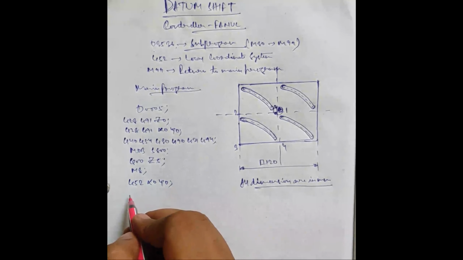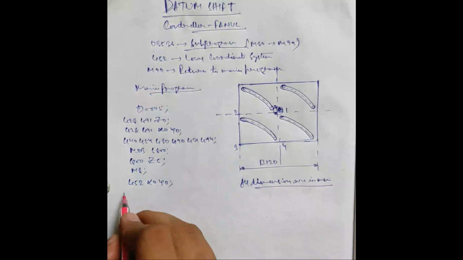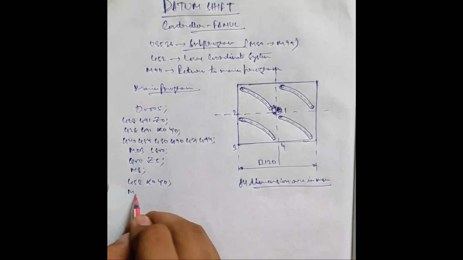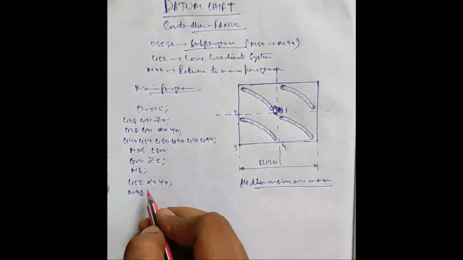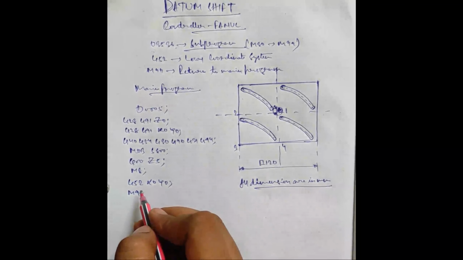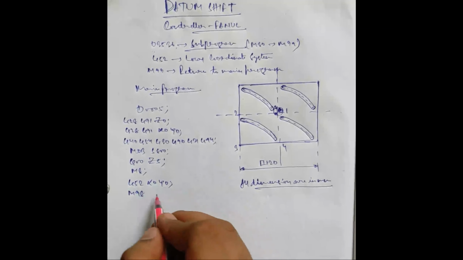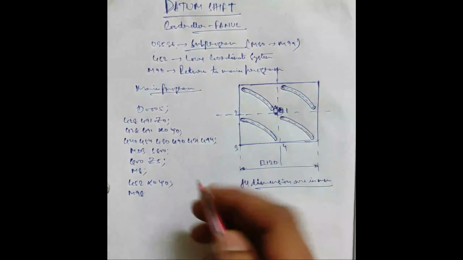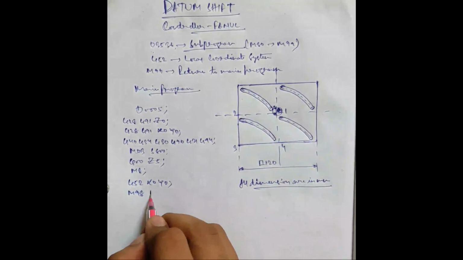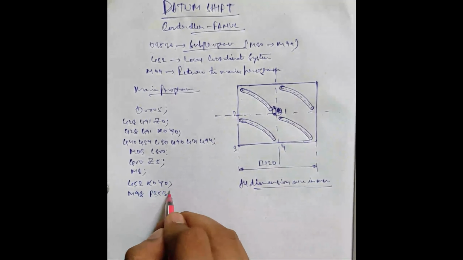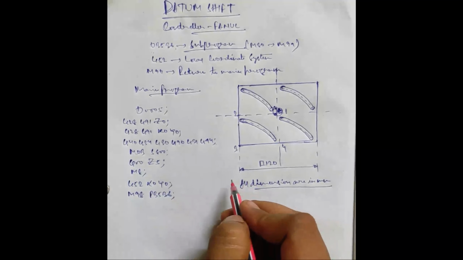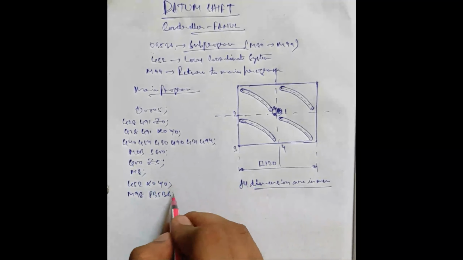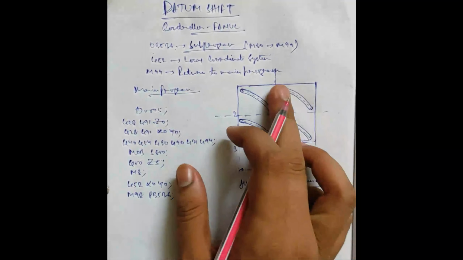Then you call that subprogram by writing M98, which is the subprogram call. The subprogram number is P3536. After writing this line, a polar slot will be made over here.